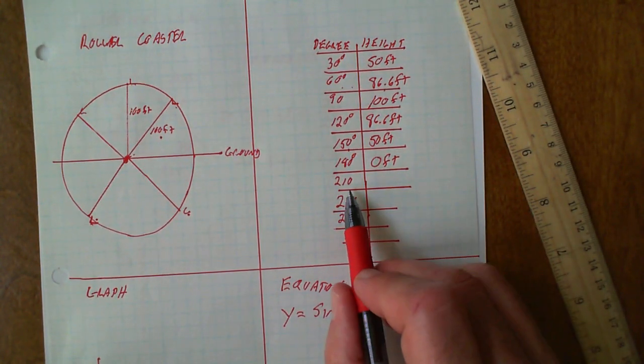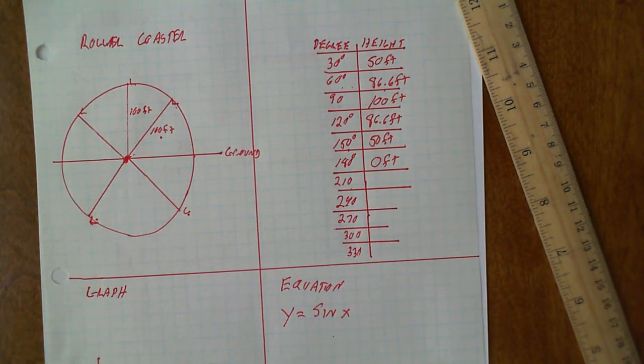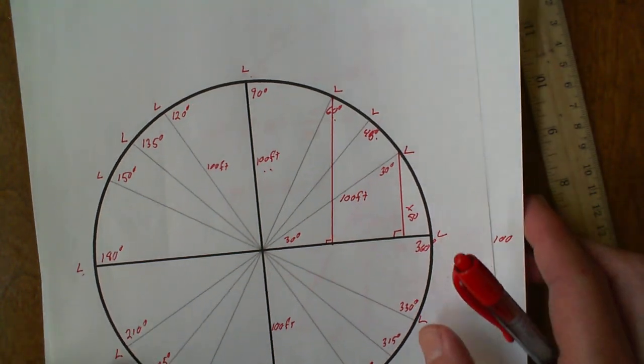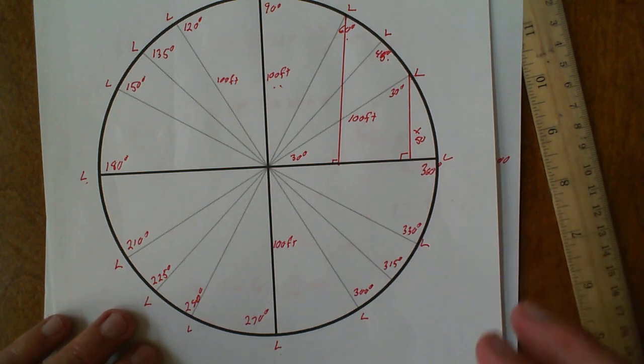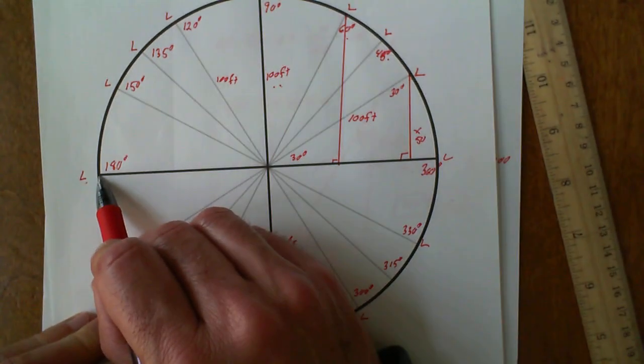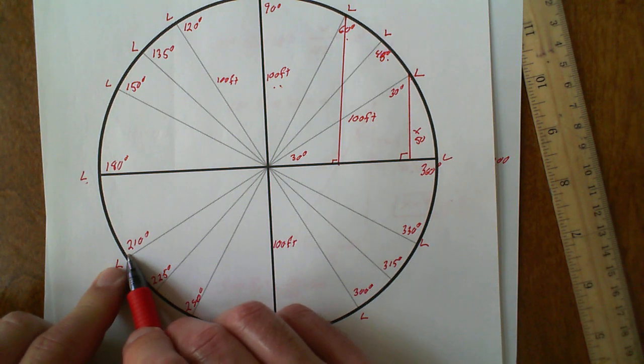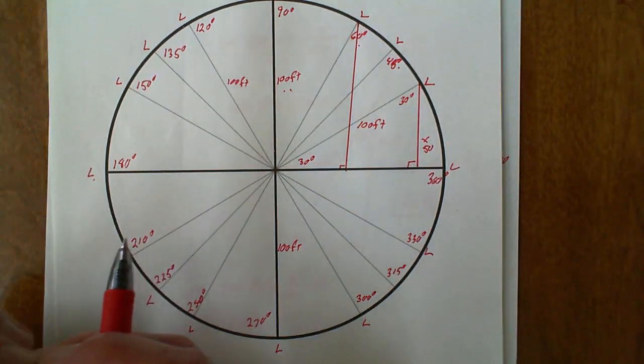Now, what about 210 degrees? How high are they at 210 degrees? Okay, got our wheel here. Let's see, 210 degrees. Now, remember, this is the ground right here. So at 210, we are now actually underground.